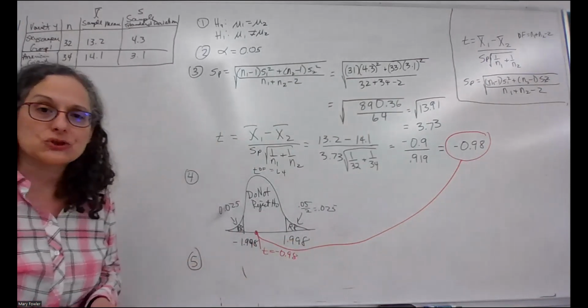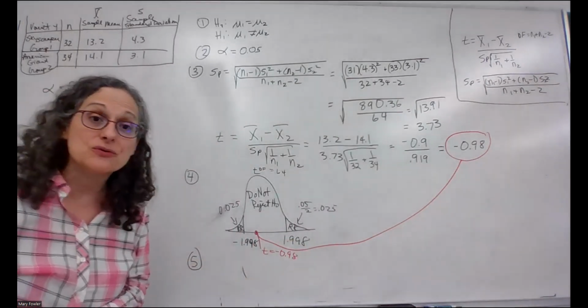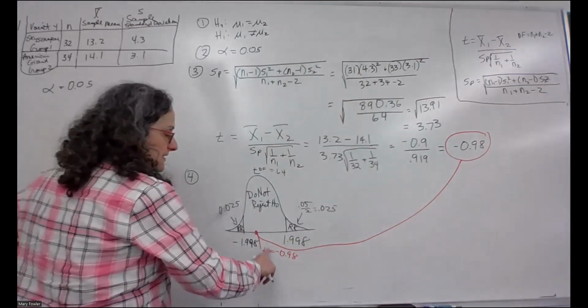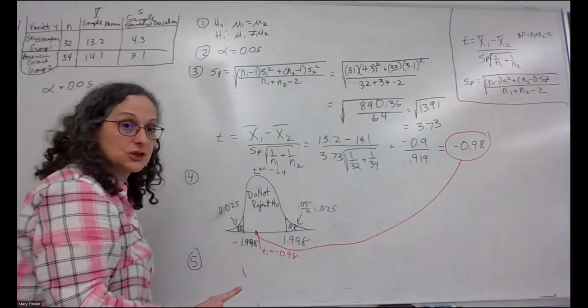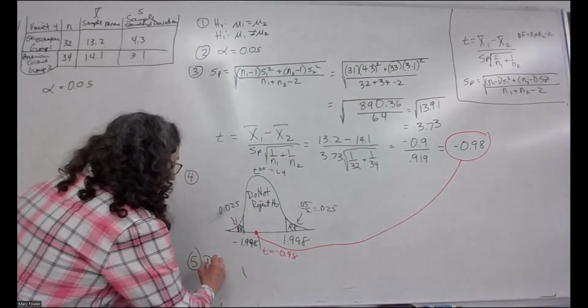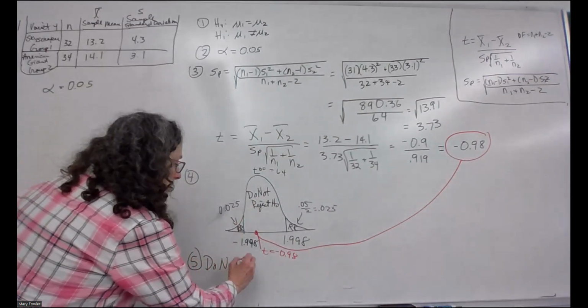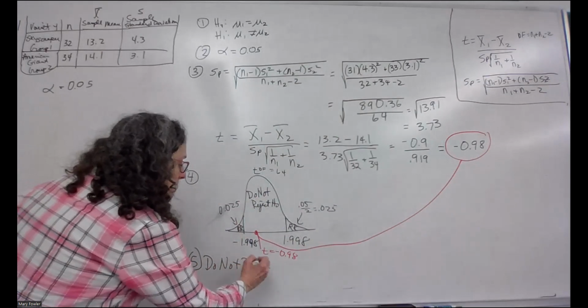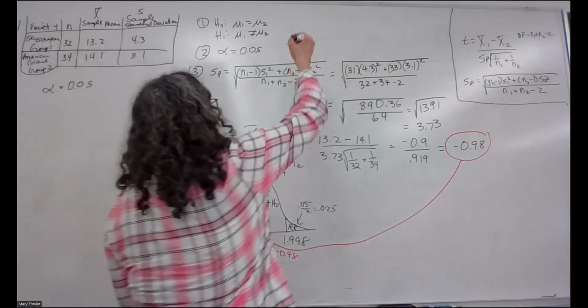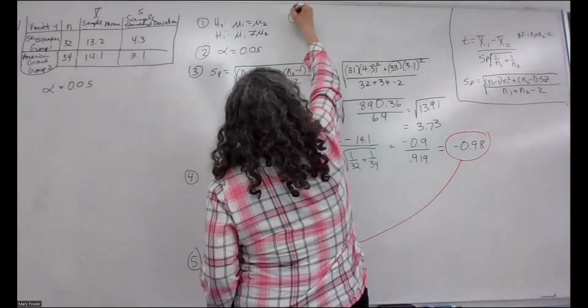And that will help us determine if we should reject or do not reject the null hypothesis. So because our test statistic fell in the do not reject region, the decision is to do not reject the null hypothesis. And I'm going to write step 6 up here, the interpretation.